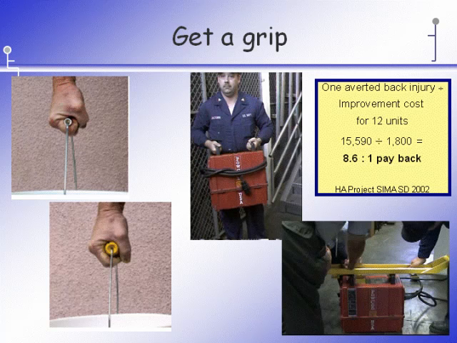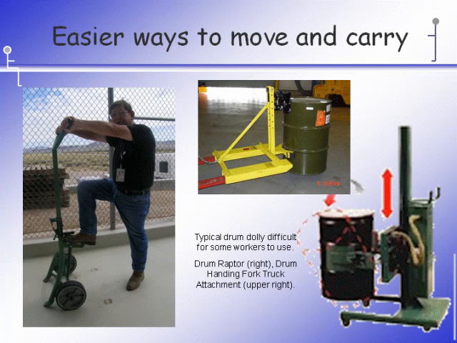So another way to present this back to the management would be for every buck that you spend on this project, if we avert one back injury in a year, you make back $8.60. I'm pretty sure all of us would like to get an 8.6% payback ratio back on every dollar that we put into our 401k plans.